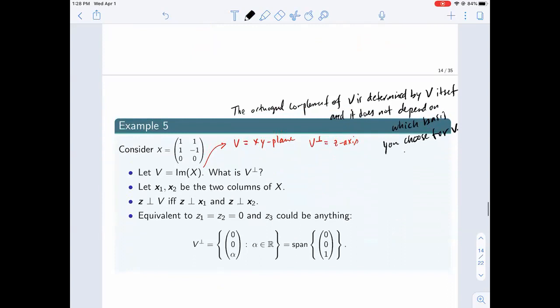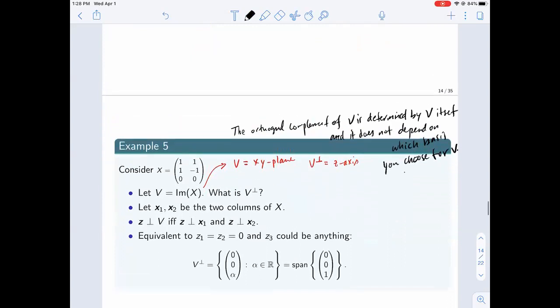And so the analysis here is what we did before. So you get that. So then the z-axis is formally the span of this vector. Okay.